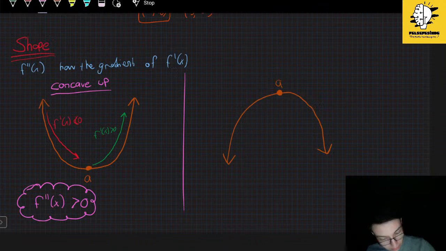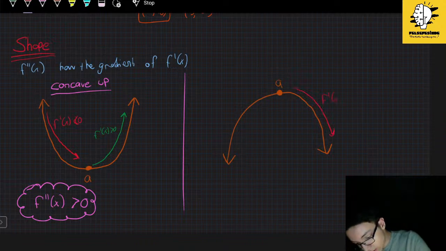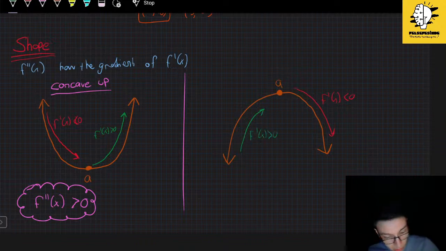However, in here, let's say this is the part where the function f(x) has a gradient smaller than 0, and this is the part where it is having something like this, greater than 0. So I can say f second derivative x is smaller than 0 over here.